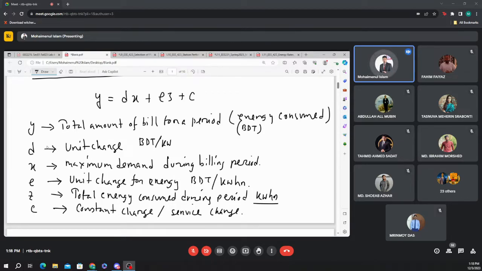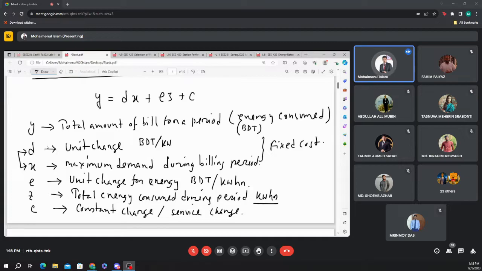You are considering the fixed cost, which is installation for the power plant, related to the maximum demand, which is DX. That is your plant cost, okay? You can say this is our fixed cost.